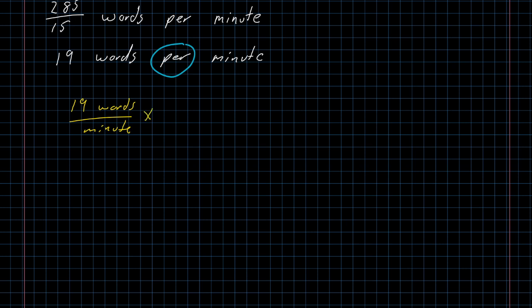If I take that 19 words per minute and multiply by 20 minutes, put that over 1 so it looks like a fraction, cancel out the minutes between the numerator and denominator, we're left with a number of words. 20 times 19 comes out at... my brain is blanking on this. 20 times 19 comes out at 380. That makes a lot more sense.